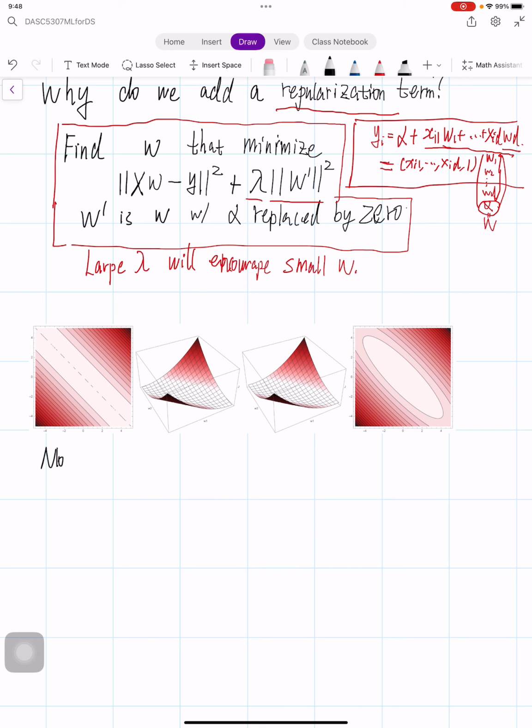Motivation one: it guarantees positive definite normal equations.